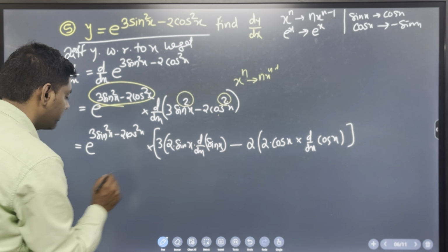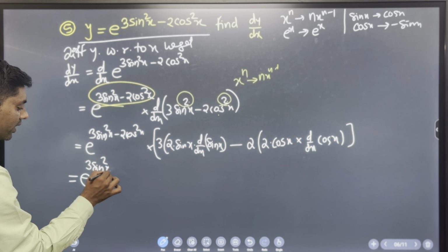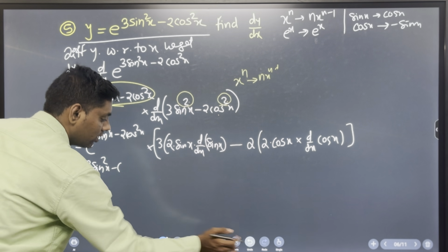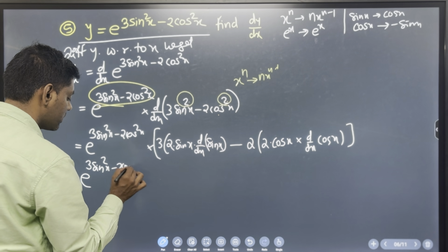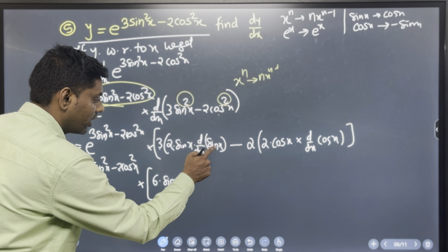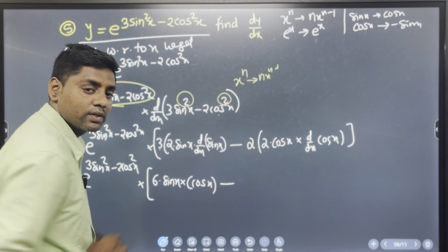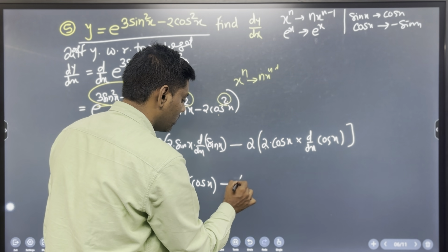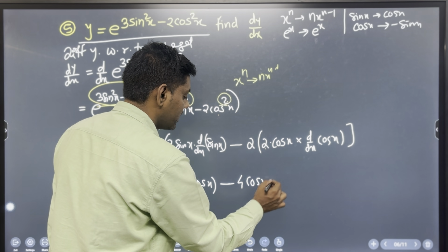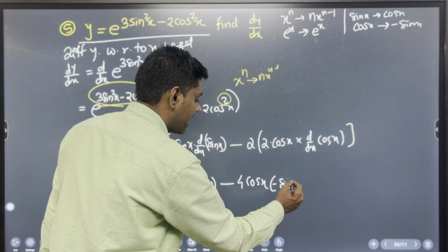So let's finish. e raised to 3 sine square x minus 2 cos square x as it is, into 3 2s are 6 sine of x into the sine derivative that is cos of x, minus 2 2s are 4 cos of x, and last, the cos derivative is minus sin x, so that is minus sin of x.